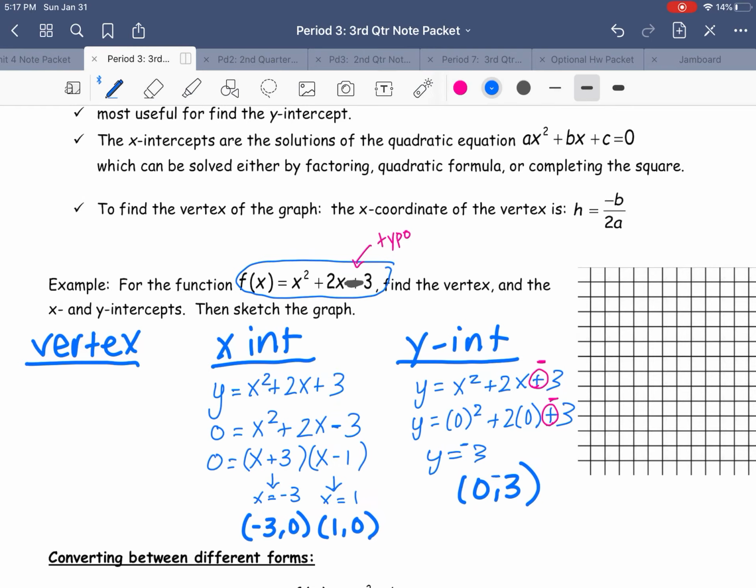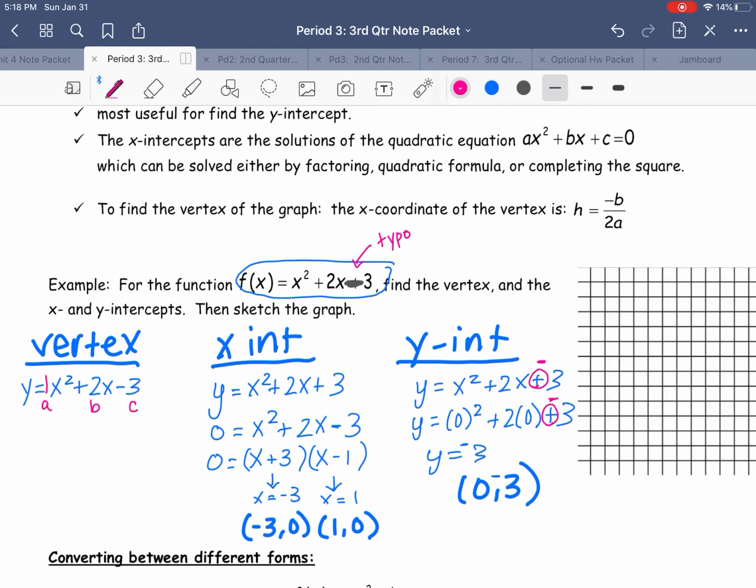Okay, now to find your vertex, and you might remember this from Algebra 2, this is the formula that I'm going to use to find the x-coordinate of my vertex, -b over 2a. Okay, and that's the formula to find the x-coordinate of my vertex. So I'm just going to go into y equal, I'm going to take a look at my equation, I should say. And as a refresher, this number right here is a, this is b, this is c.